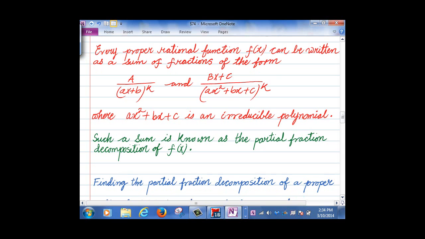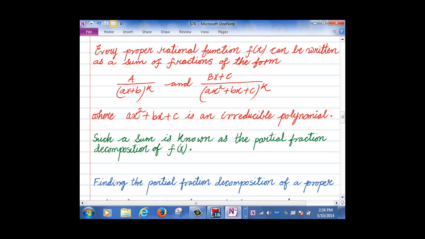Again, our goal is that we want to integrate rational functions. We know that if we know how to integrate proper fractions, we can also integrate improper, because improper is a polynomial plus a proper.